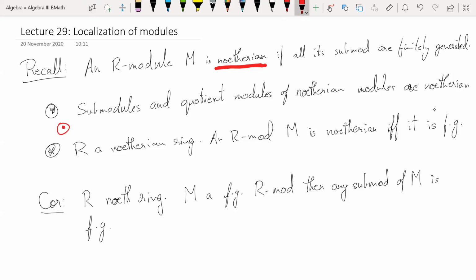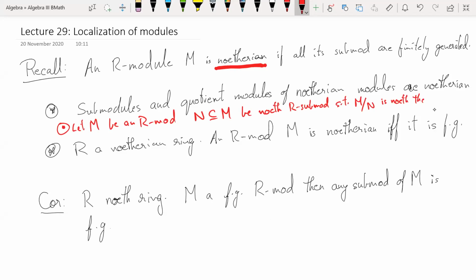I think one of you made this observation: let M be an R module, and let N contained in M be a Noetherian R submodule such that M mod N is Noetherian, then M is Noetherian.